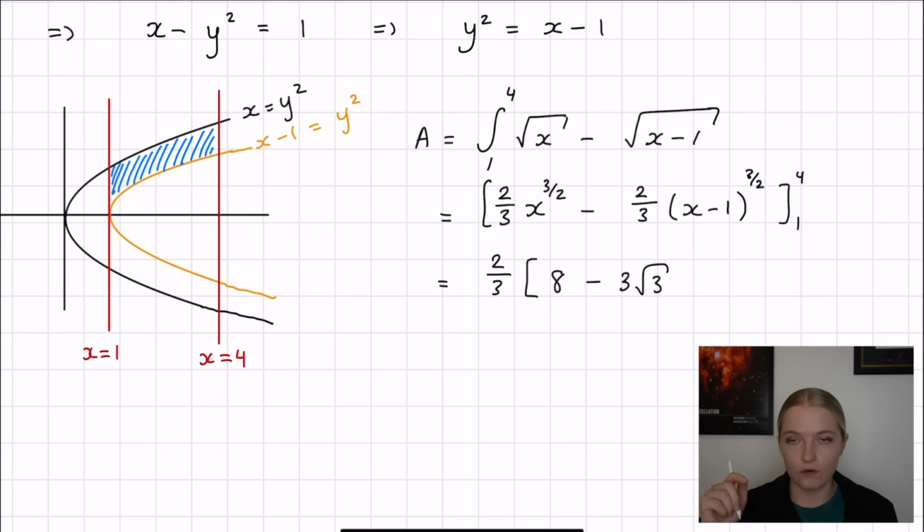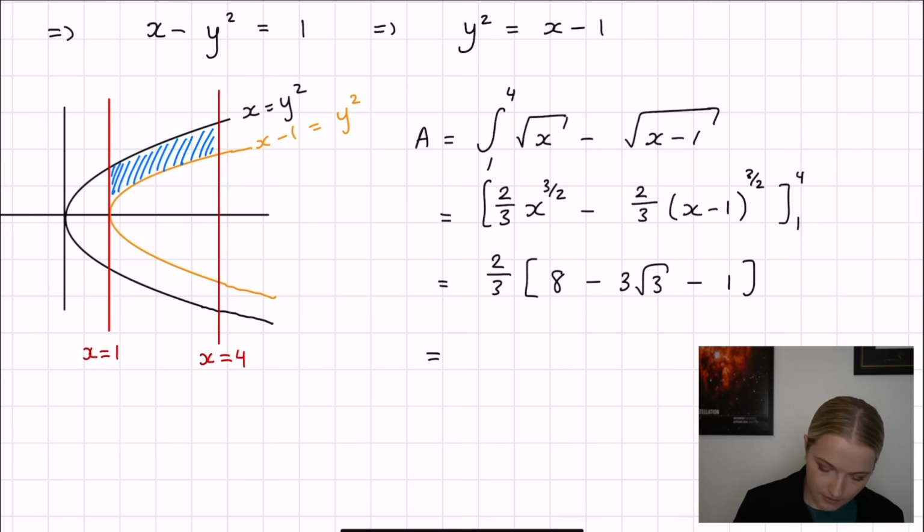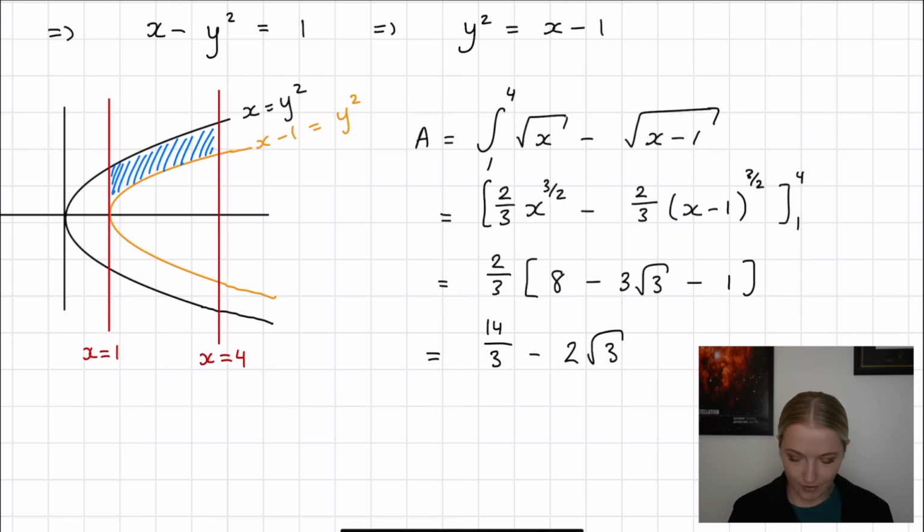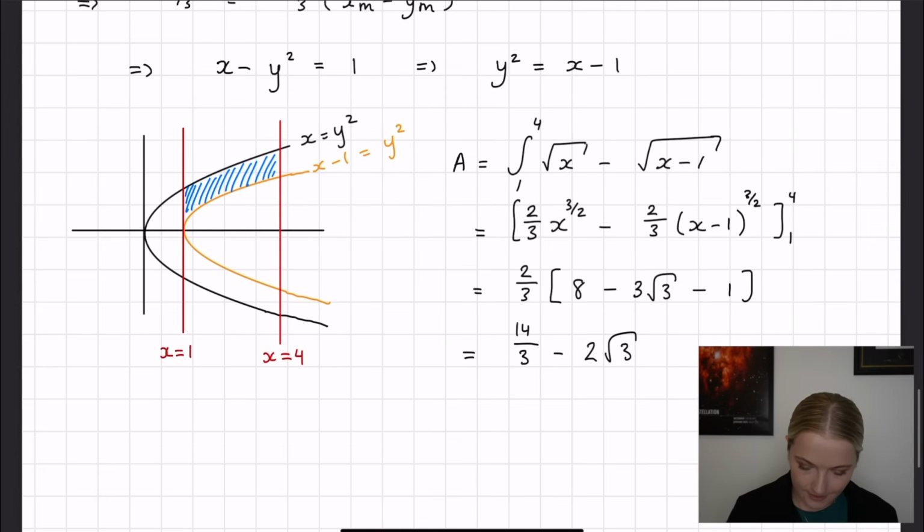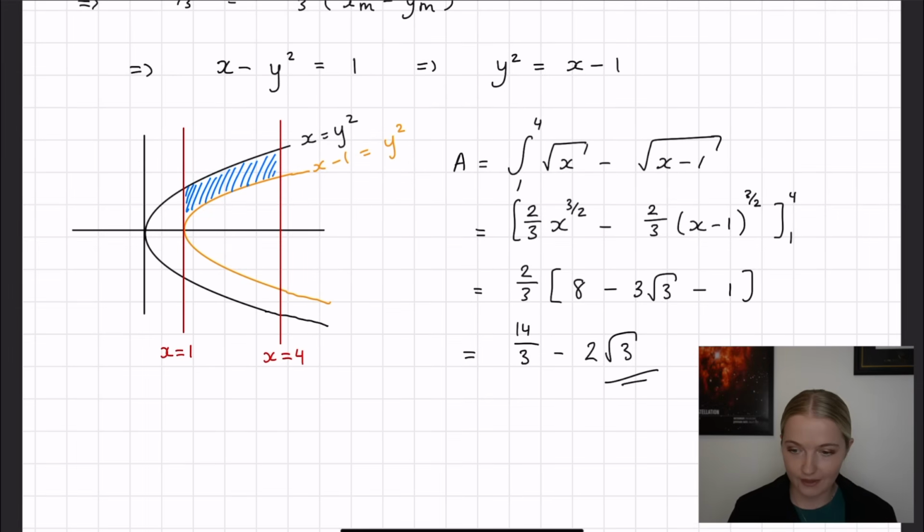The 1 minus 1 would equal 0, but the 2 over 3 multiplied by x to the power 3 over 2, that's 1. So we'd have a minus 1 in here. And this equals 14 over 3 minus 2 root 3. And that's the answer for this region that we have here.